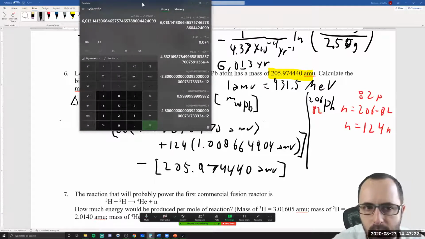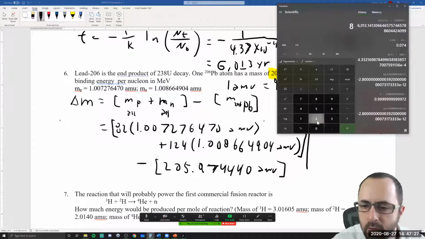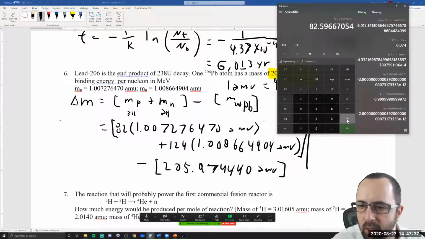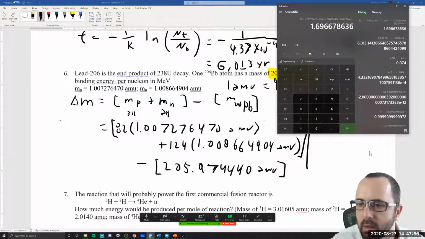So 82 times 1.0072766470 plus 124, and you guys should be punching this with me. Make sure you can do this. 8664904 minus 205.974440. I got the same number.